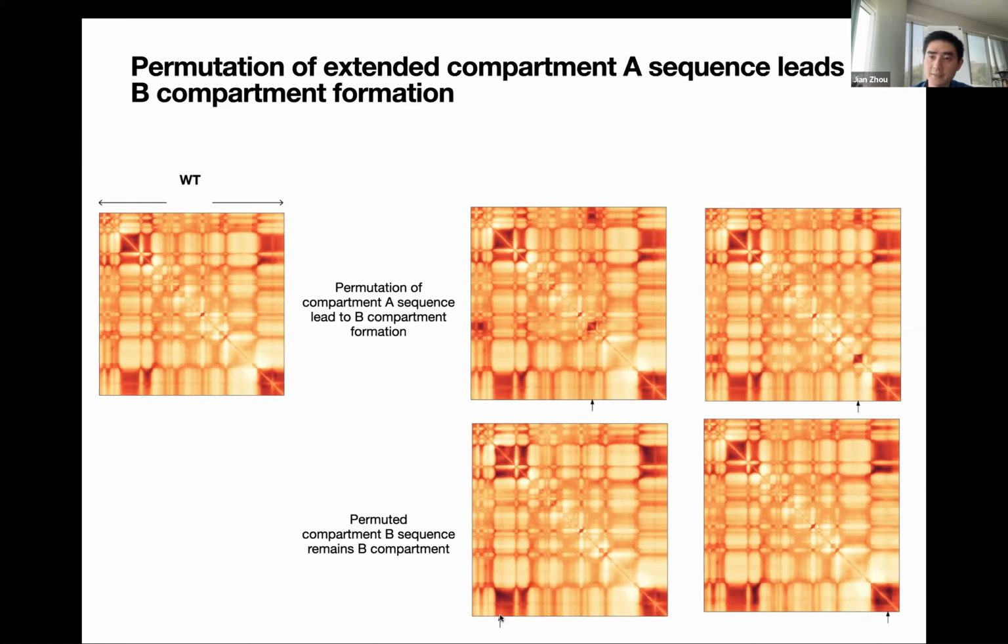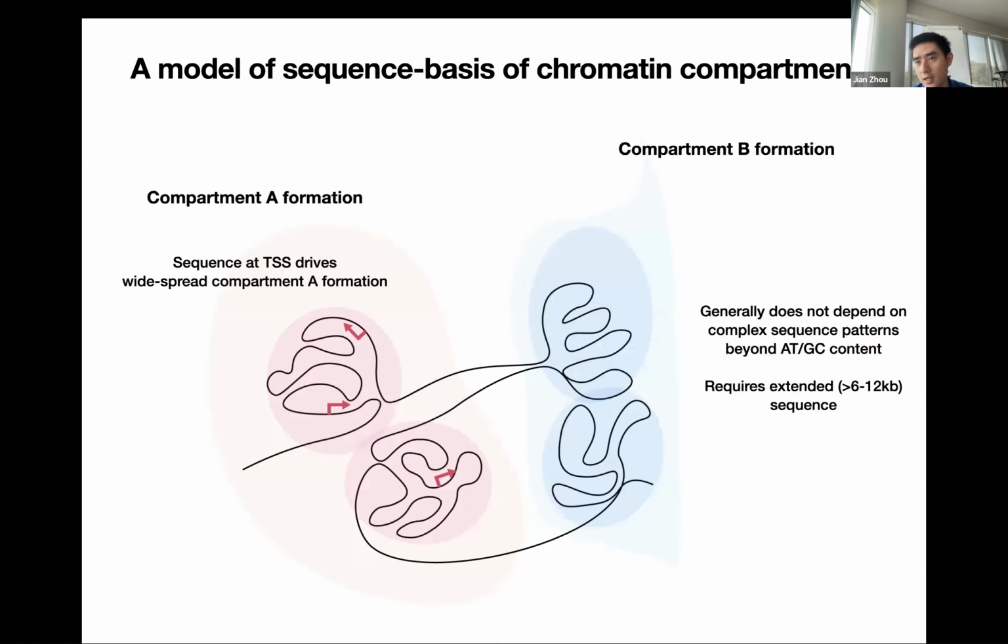So this leads us to an overall hypothesis about the sequence basis of compartment formation, whereas compartment A is the active compartment that is driven by the sequence from the transcription start site. Even a short sequence at the transcription start site likely leads to some widespread effect on the chromatin compartment, probably because the transcription start site also leads to a more widespread chromatin level change.